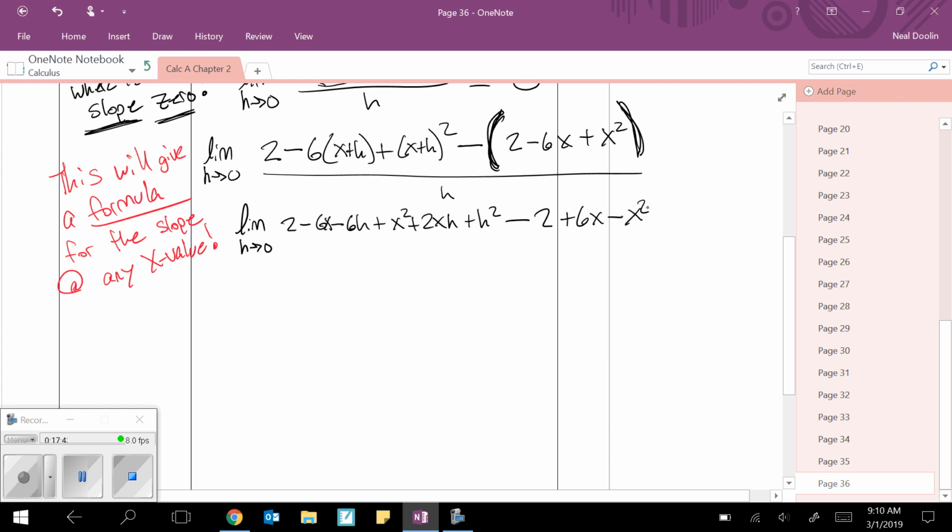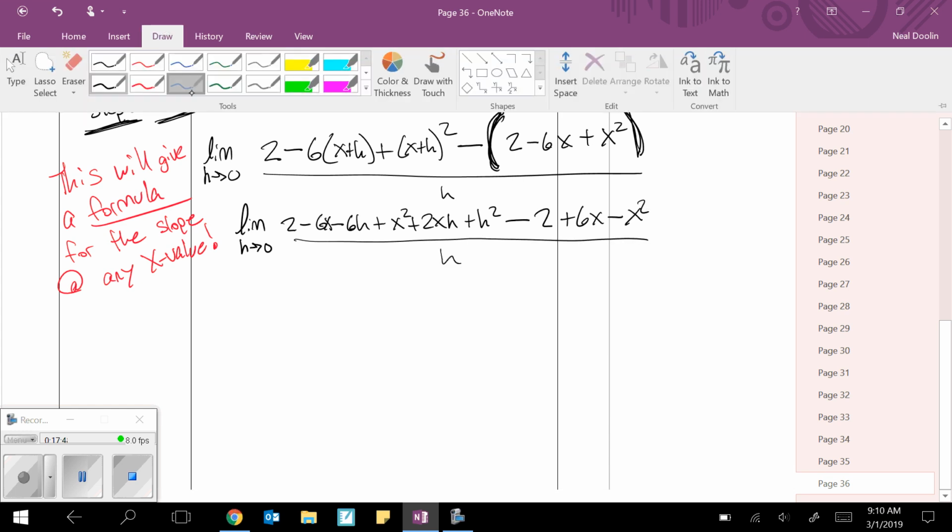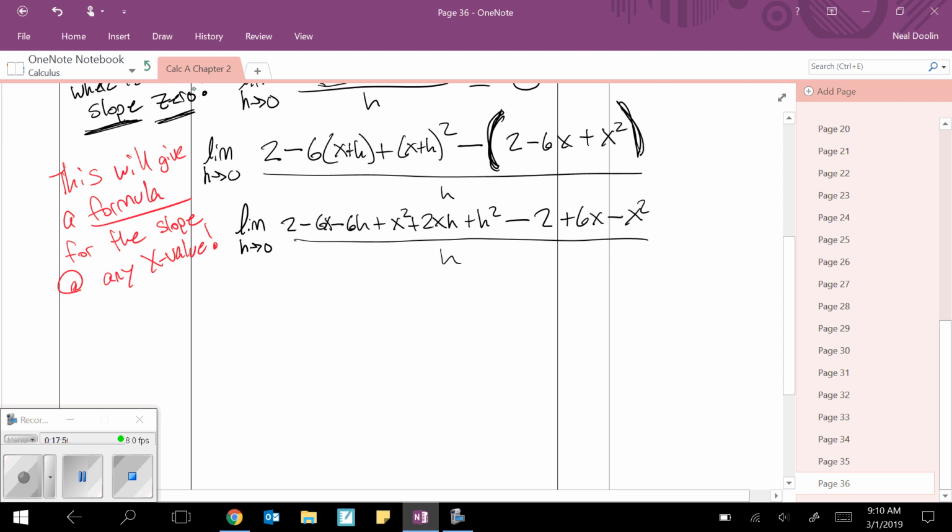At this point, everything without an h should subtract out if you did your algebra correctly. So here's a positive 2, here's a negative 2. That subtracts to 0. Minus 6x plus 6x subtracts to 0. Plus x squared, or minus x squared, subtracts to 0. At this point, we have limit as h approaches 0, negative 6h plus 2xh plus h squared all over h.